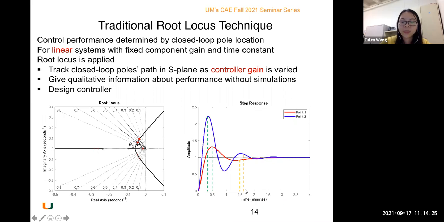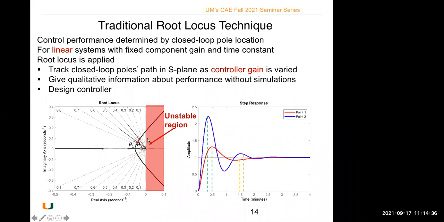And specifically, if the closed loop pole moves to the right half plane, the system will become unstable. Here is the unstable region.